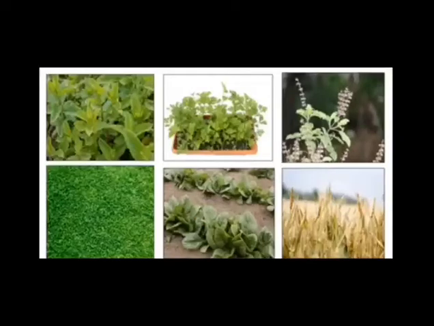So there are so many examples of herbs. Pudina or the mint plant, coriander or dhania plant, tulsi plant, grasses, spinach or palak, wheat plant, all of these are examples of herbs. They have the soft stem, they are green in color, they are short in height, they have few branches also.